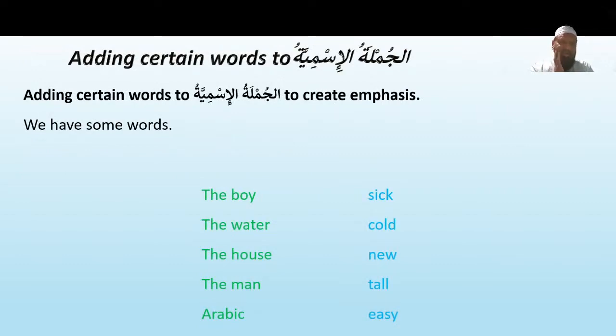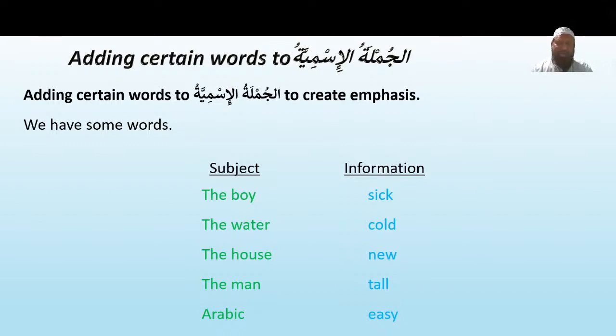Again, let's go through these words. We have some words: the boy, the water, the house, the man, Arabic. We'll make these words our subject, the starting noun, and the other group of words, sick, cold, new, tall, easy, we will make them our information.